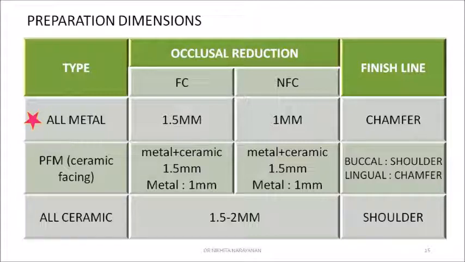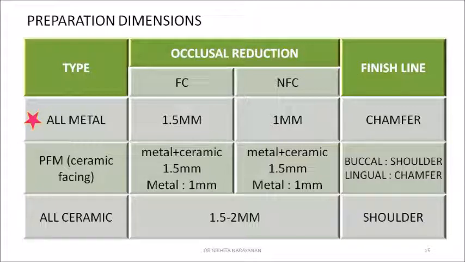But for the upper molar, the functional cusp is the palatal cusp. There, the ceramic facing is not given. In such cases, when the restoration is only in metal, the reduction will be 1 mm. Similarly for the non-functional cusp, the non-functional cusp of the upper tooth is buccal.